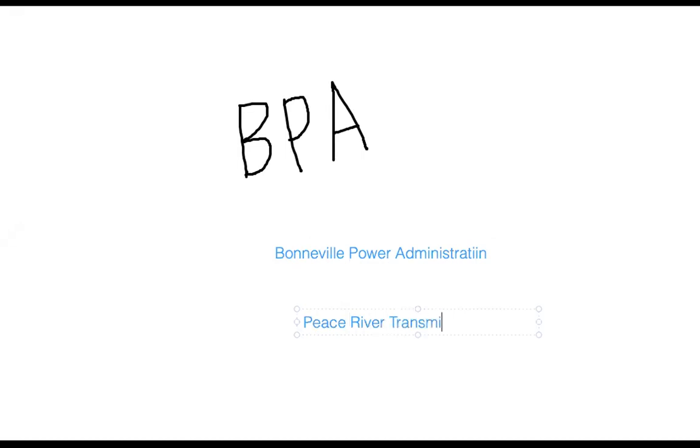This river transmission system located in British Columbia, Canada, Vancouver. So in North America, these are the 2 places that use the braking resistor. And as I said, BPA, Oregon State, they use a 1400 megawatt braking resistor. It's huge.